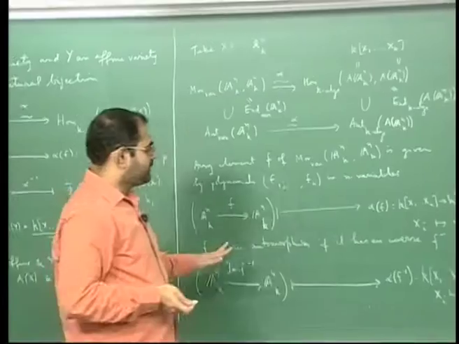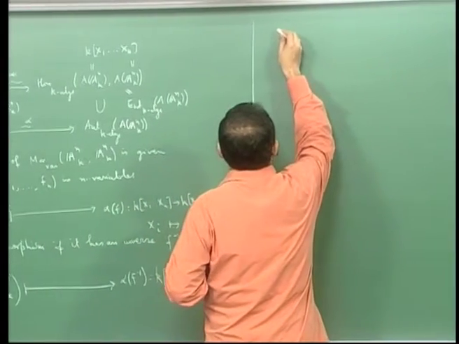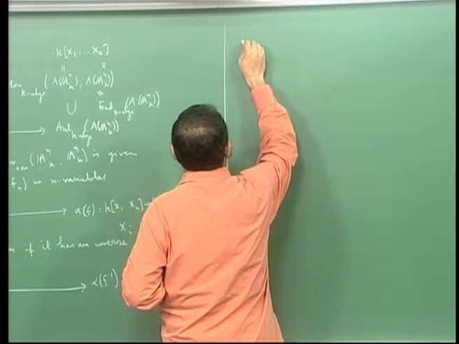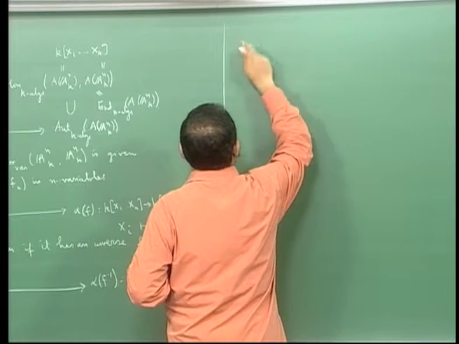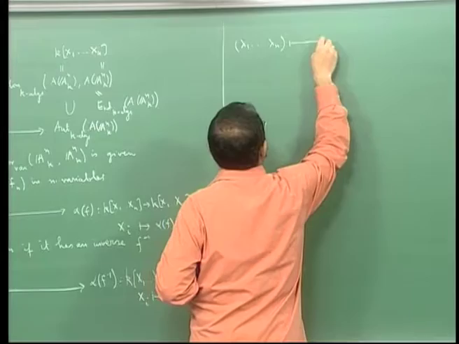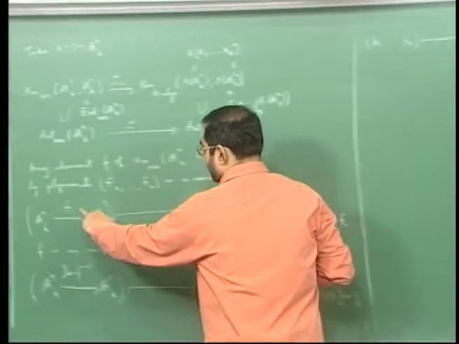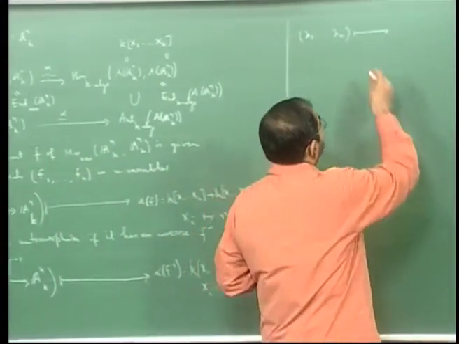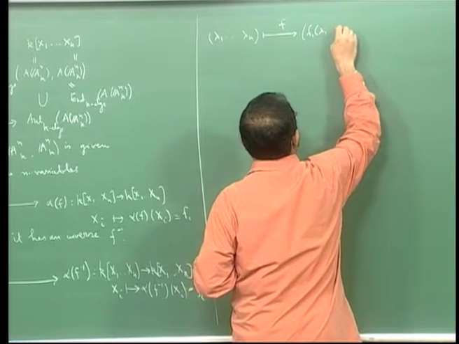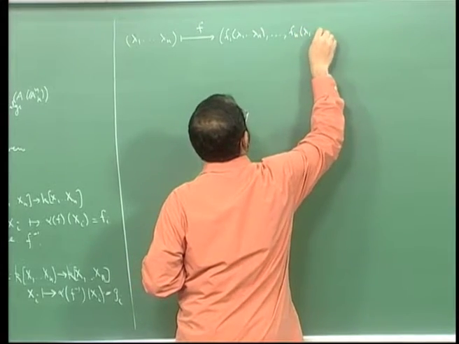And what you can see immediately is that if I start with a point with coordinates lambda 1 etc lambda n, and I apply the map f to it, what I am going to get is f1 of lambda 1 etc lambda n and so on up to fn of lambda 1 etc lambda n.